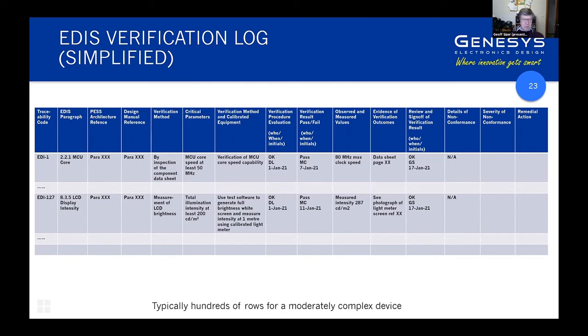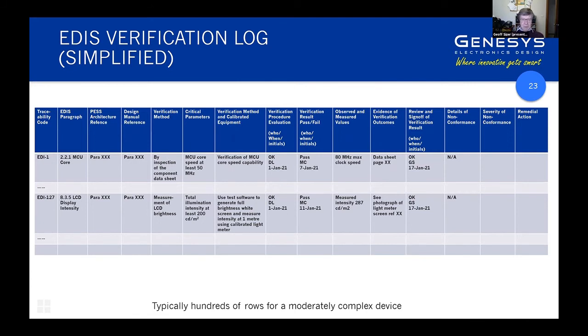So we say, here's the critical parameter: it must be at least a 50 megahertz core. How do we verify that? We're going to do that by looking at the component data sheet. We're not going to test it, we're going to verify it by referring to data. And you can see I've got a reference to the design manual, our electronic design manual, which specifies the detailed component part that is intended to meet this requirement of the specification.